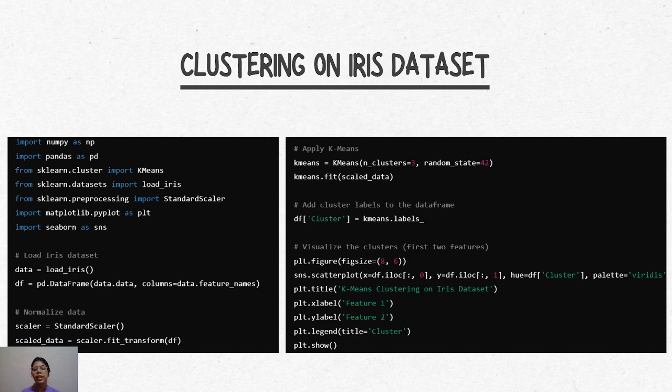Then we have applied k-means, in which in the parameters we have given the n_clusters value equal to 3, since we want to make three clusters, and a random_state. Then we fit the data. Then we have plotted the data points for visualization and better understanding.